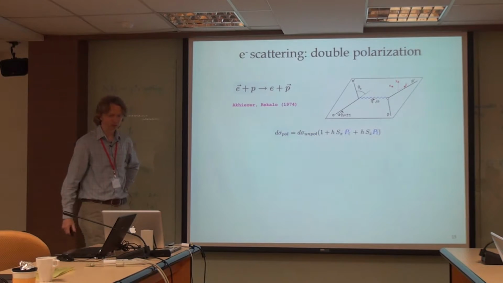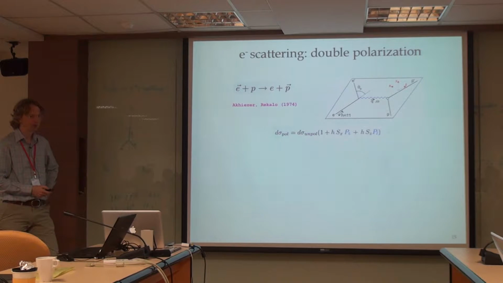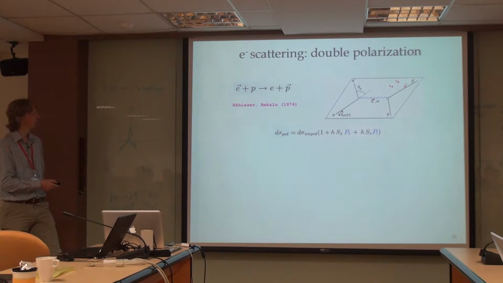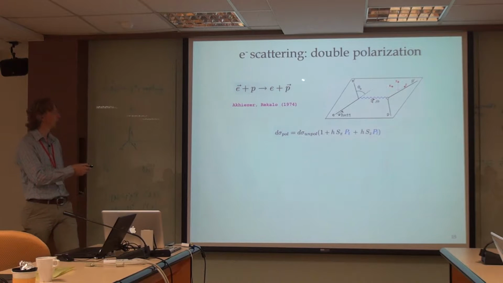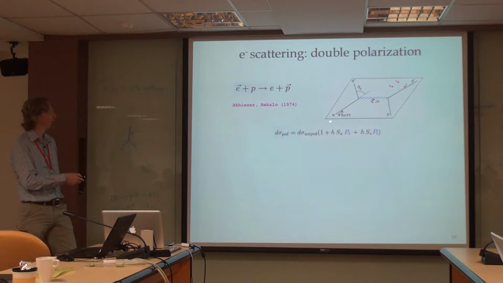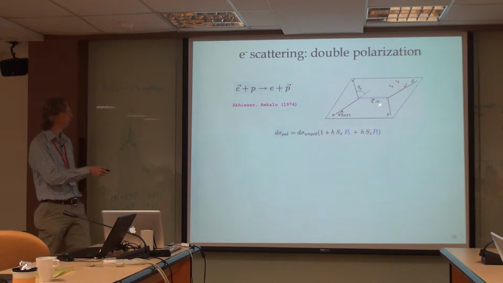Now, roughly 10 years ago, one followed up on a proposal which existed already since 1974, to measure these form factors not with unpolarized electrons, but with a polarized electron beam, and by measuring the polarization of the recoiling nucleon. So if we look at this here in the scattering plane, you have an electron which comes in, which has polarization either along or against this direction, scatters at some angle, exchanges the virtual photon, and the proton is scattered.